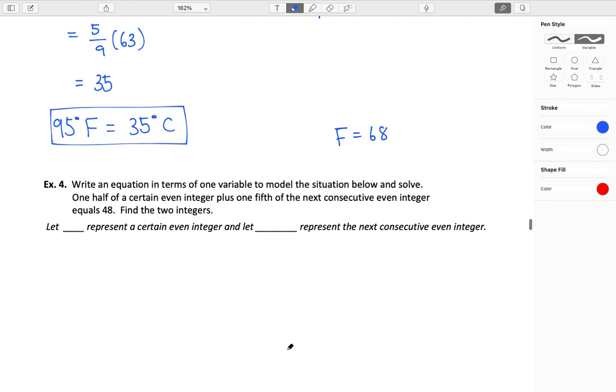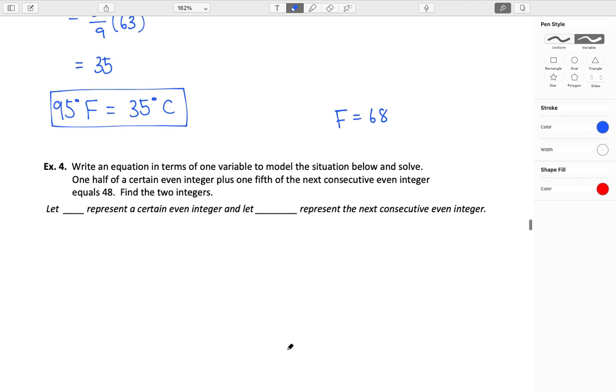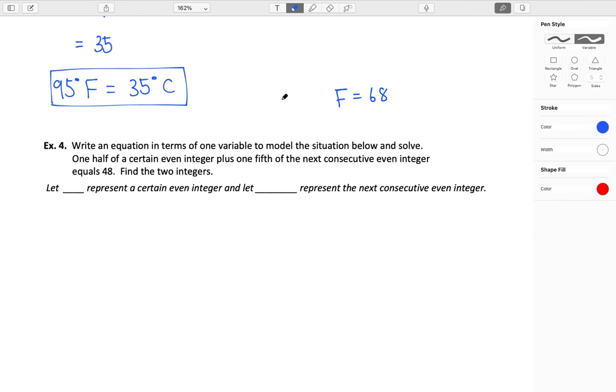Okay, now let's take a look at number 4. It says write an equation in terms of one variable to model this situation. So 1/2 of a certain even integer plus 1/5 of the next consecutive even integer equals 48. The question is, find the two integers.